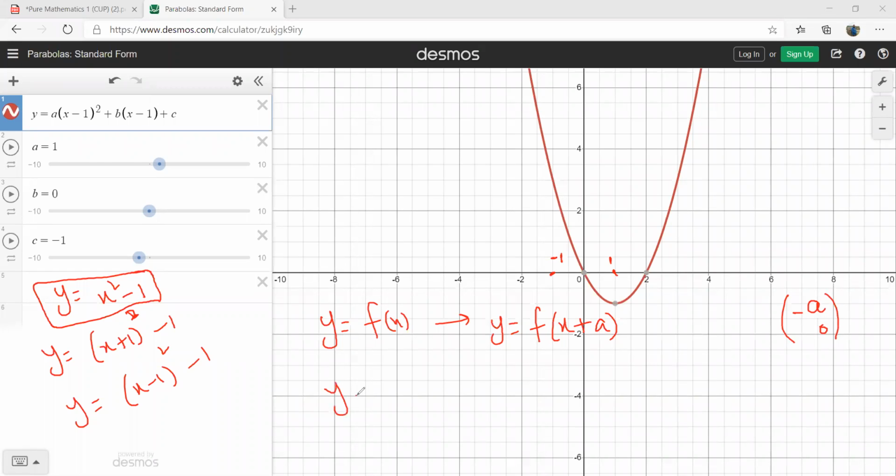And if y equal to f of x is translated in such a way that this is x minus a, we were thinking that this will go towards the left, but this has in fact gone towards the right. So the translation matrix would be (a, 0).